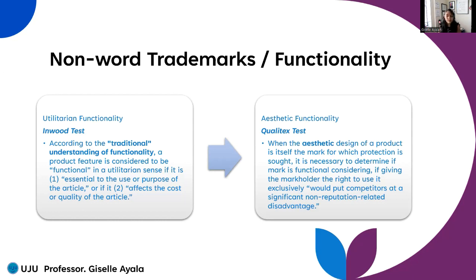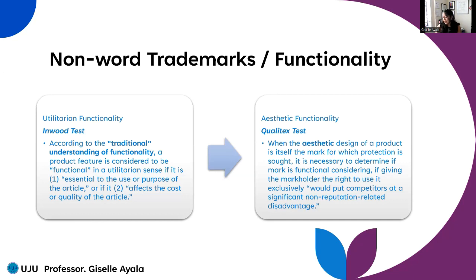Let's say it's a pill, it's a medicine. There are certain colors that we want to use in terms of a medicine to protect consumers so they can distinguish certain kinds of different medicines or pills. And when we think about aesthetic functionality, we think about this. Would protecting or allowing one market participant to appropriate that feature of a product or a service, would that trademark right hinder competitors significantly?